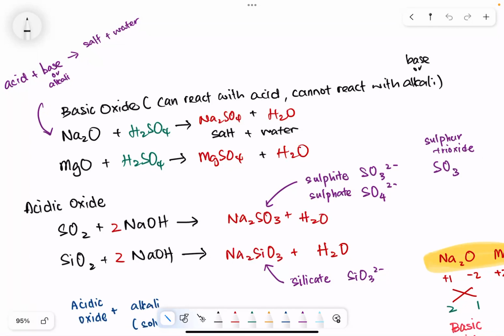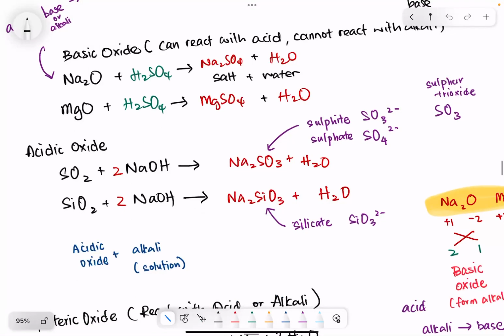If yes, then you are quite likely to form water. So as you can see, sodium oxide reacts with sulfuric acid to give you salt and water, while magnesium oxide can react with sulfuric acid to give you salt and water, of course sodium sulfate and magnesium sulfate. Look at what kind of acid you're dealing with, and you will see what kind of equation you're going to get in the end.